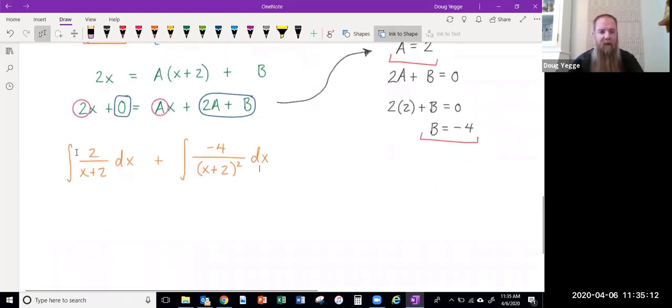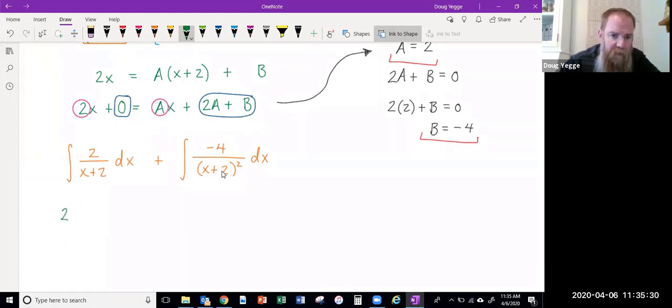You should realize that the left side right here is going to be a natural log function. And because you have a quantity being squared on the bottom, this won't be a natural log function anymore. Instead, this would be a U-substitution issue, okay? So if you need to do the work there, we can have 2 times the integral of 1 over x plus 2 dx.